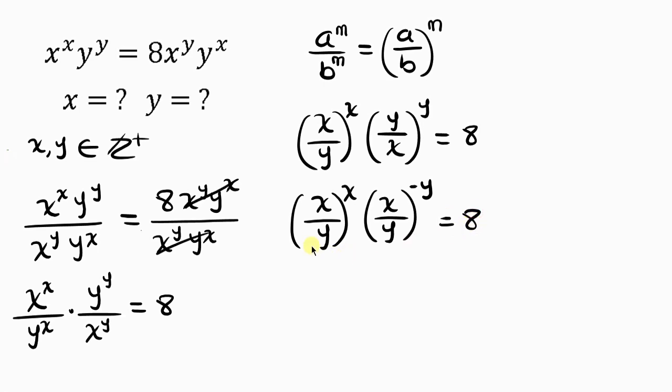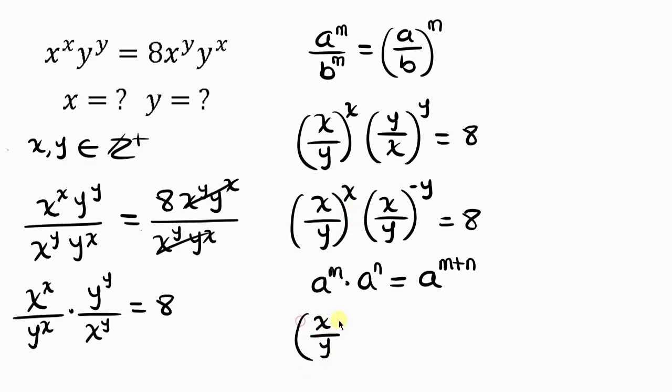Now notice that we have the same base, x over y and x over y. And remember from indices, when they have the same base, for example, a to the m times a to the n, all we have to do is to take one base and add the powers, so m plus n. And this is what we're going to do to what we have here. So this becomes x over y.